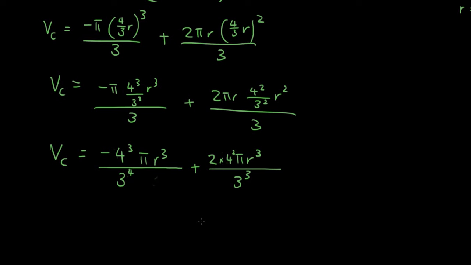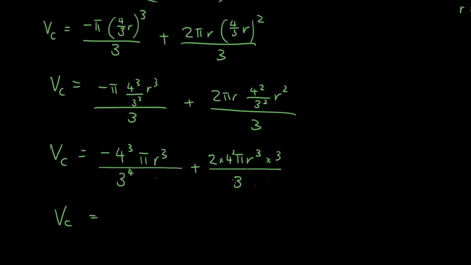So let's try and combine that. I can only combine that if the bottoms are the same, so I need to multiply both the top and the bottom here by 3, so the bases are the same. Then I will have 3 to the power of 4 on the right as well.